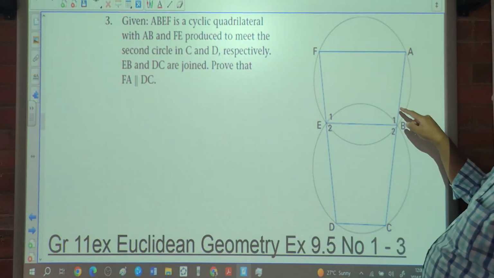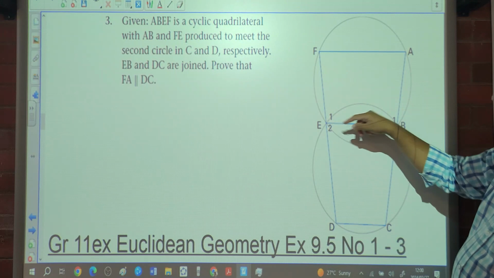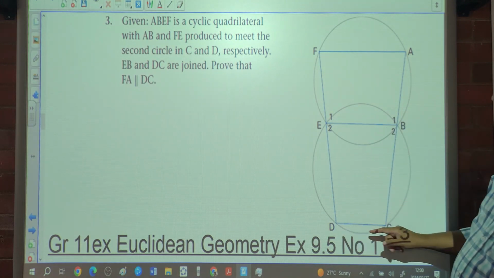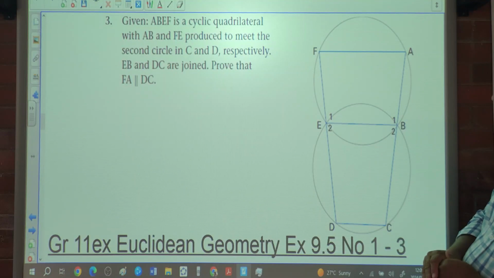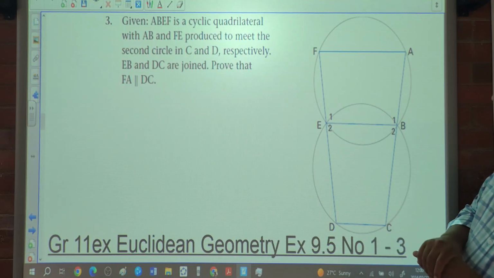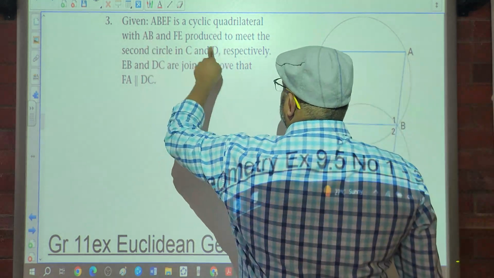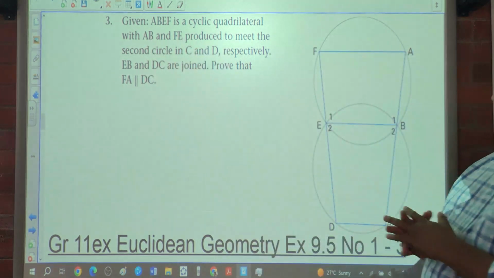AB and FE are produced, which means they are extended to meet the second circle in C and D, respectively. So C first, then D. C is coupled with AB and D is coupled with FE, of course.